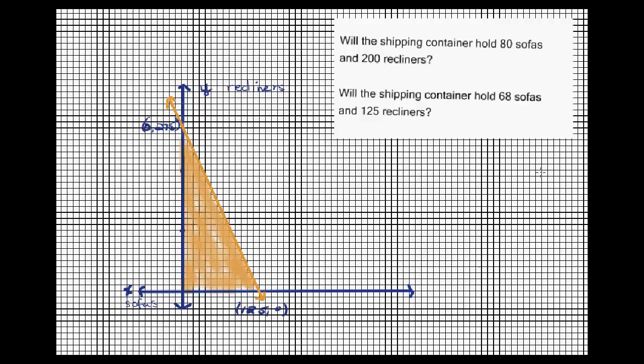Let me rewrite the inequality so we have that available. All we need to do is plug our point into the x and y values. What we're trying to evaluate is the point (80, 200).